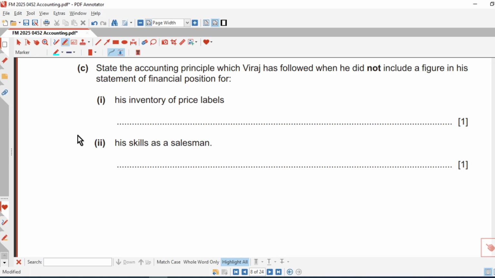Now, part C, this is a question that, again, I have two fan bases here. Either you're gonna like this or you hate it, right? It's either a love or hate relationship with accounting principles. I had my fair share. I had students who loved this topic because it made a lot of sense and they loved to think about all these accounting principles, how they apply, how we adopt them.